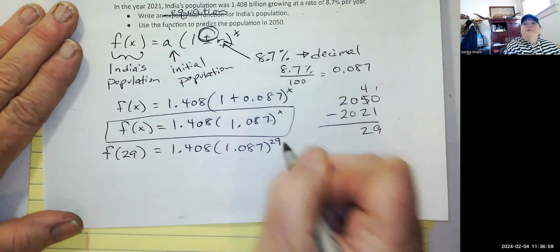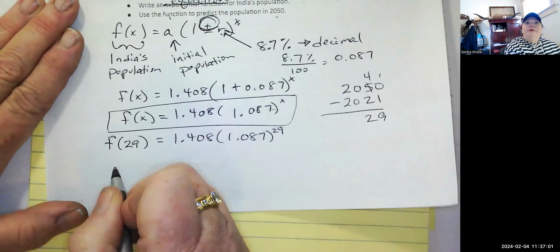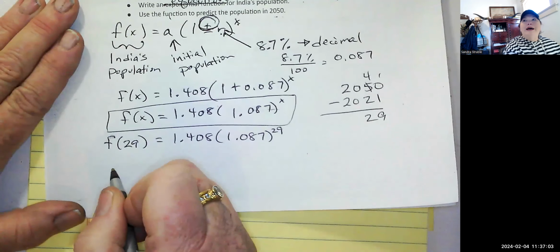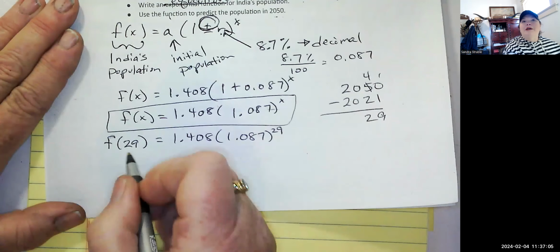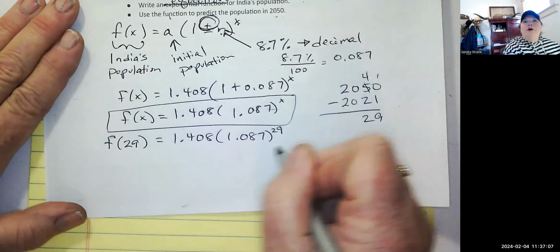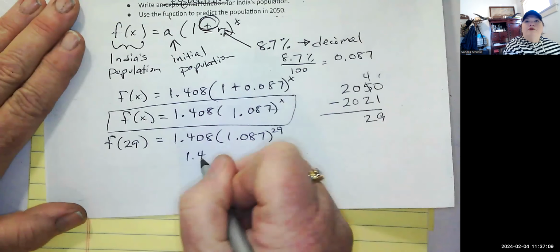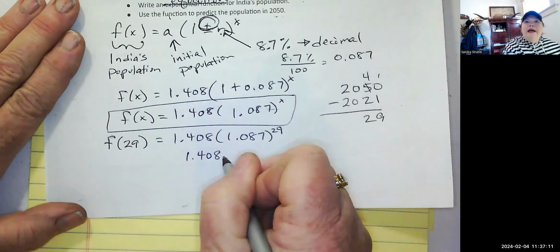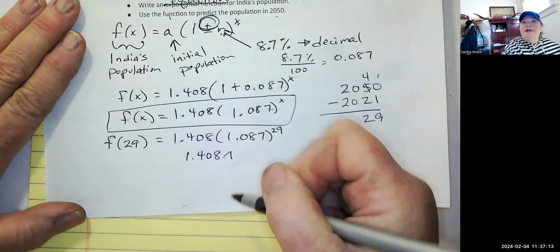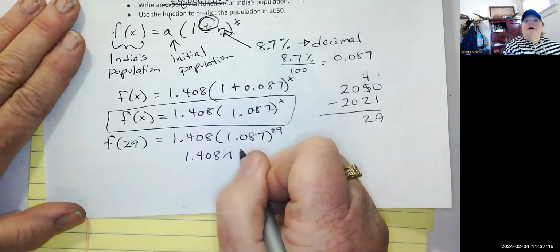In your calculator, unless you have a TI-30XA or a Casio or something, you're going to plug in, I'm going to show you exactly, 1.408 caret, or you might have y to the x or x to the y or x to the box.